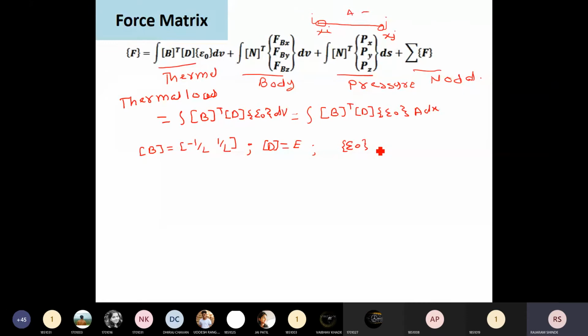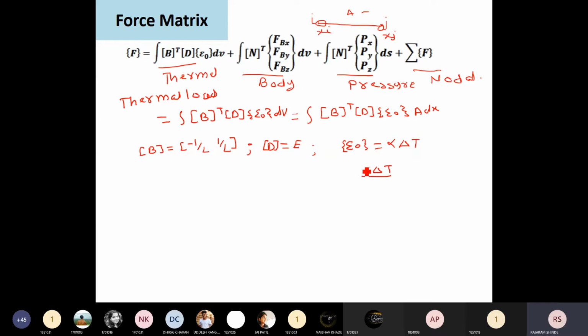For three dimensional there are three components. See here, one component is epsilon in the x direction, and according to your knowledge of strength of materials, alpha delta T is the strain. Here alpha is the coefficient of thermal expansion, and delta T is the change in temperature. So epsilon 0 for a one dimensional element is alpha delta T.